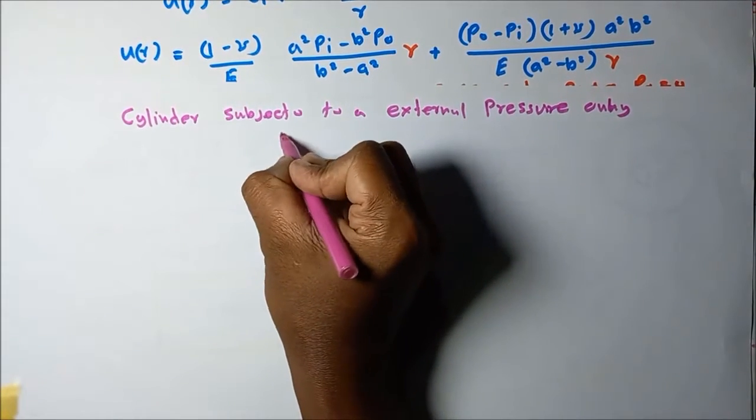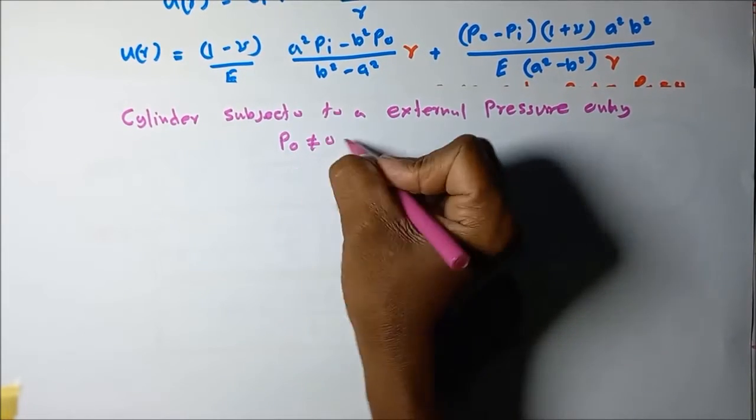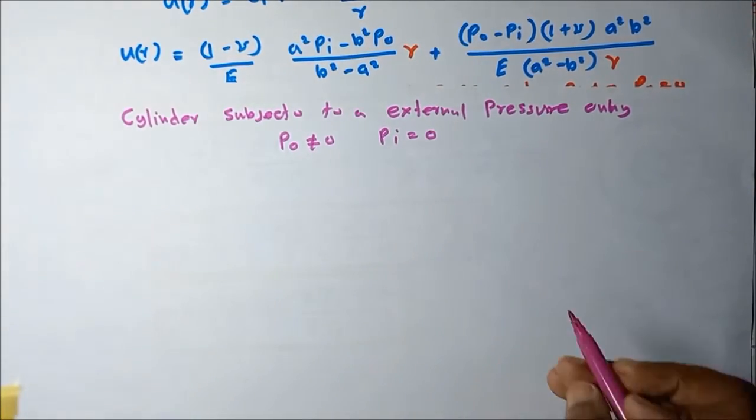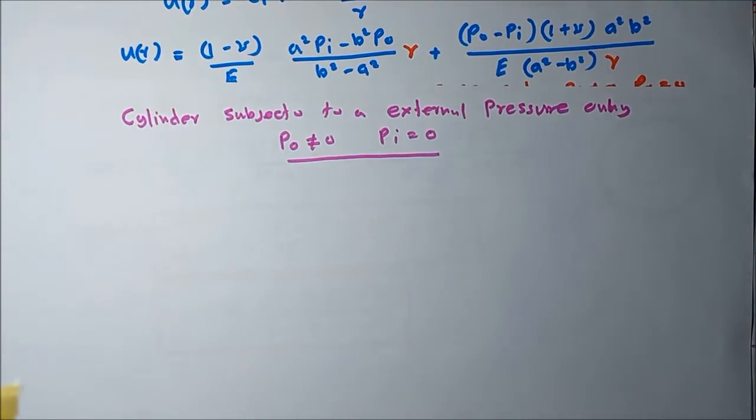That means only the Po exists, the Pi is equal to 0.